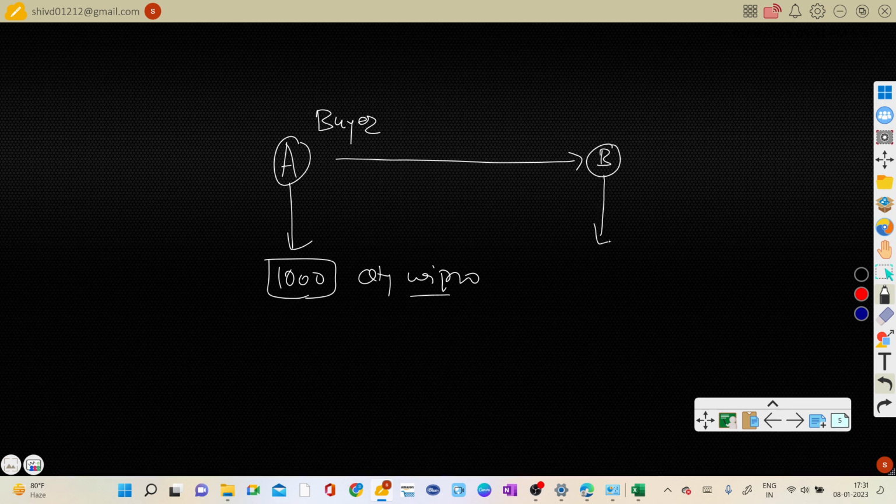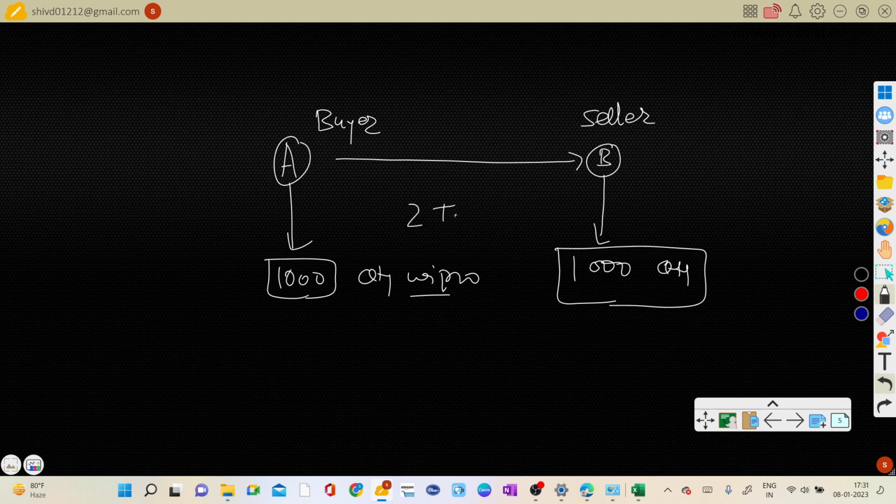B had 1,000 quantities of Wipro, and that's why you send the request to B to execute the trade. But there was a 2 days gap, and in that gap this particular person lent the security to someone.